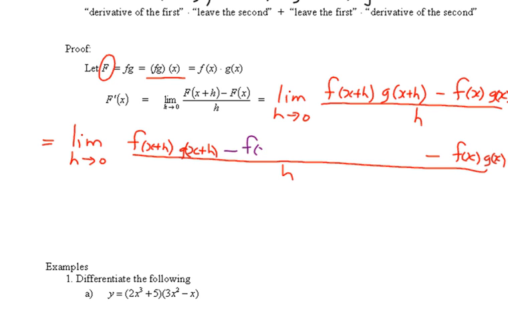f of x plus h times g of x, and then the exact opposite, the positive version. Look at these two purple terms. They're exactly equal to each other, except one's negative and one's positive. By introducing these two terms, did I change the expression?